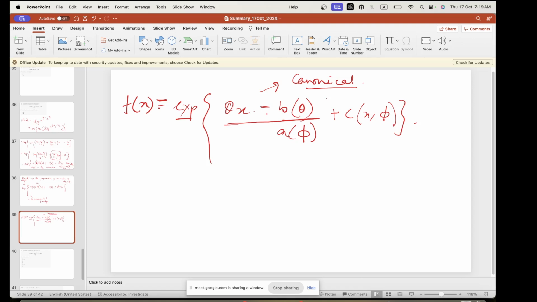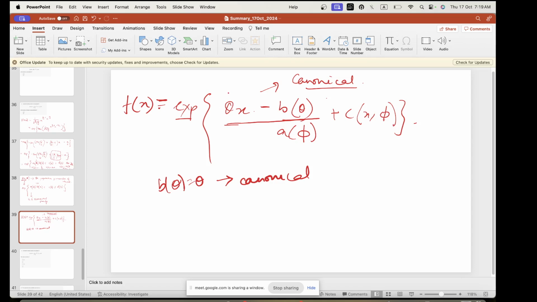But from what I'm observing, if b(theta) equals theta, it means that it's a canonical form, right? So if I try to map this with the generalized form that I know of, then b(theta) is solely dependent on theta.